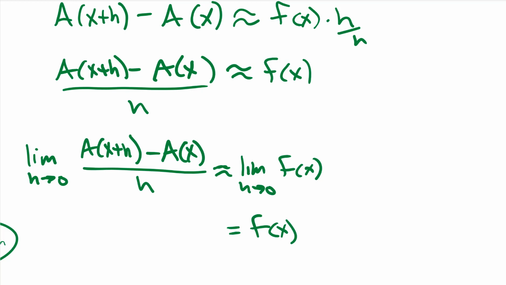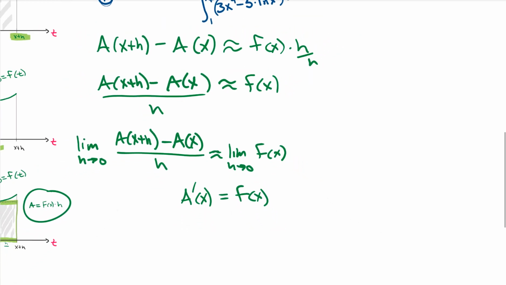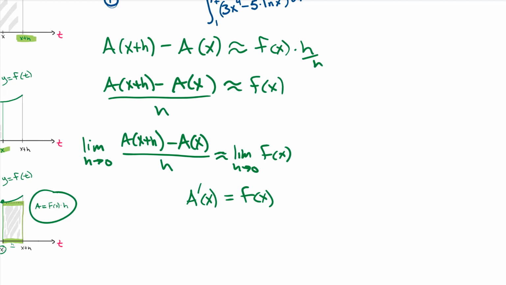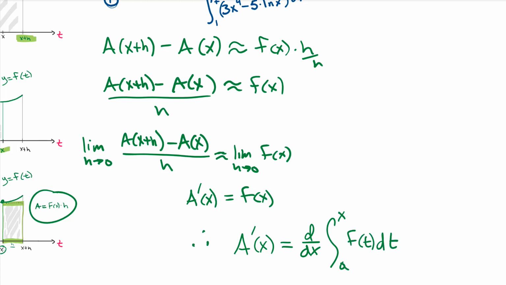So we're going to say that A prime of x is equal to f of x. Therefore, we can say that the derivative of the area function, the derivative of the integral from a to x of f of t dt, is just equal to f of x. That's the fundamental theorem of calculus, part 1.